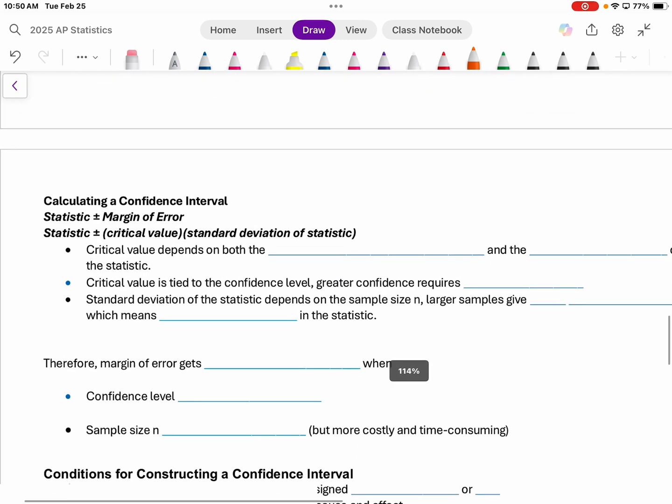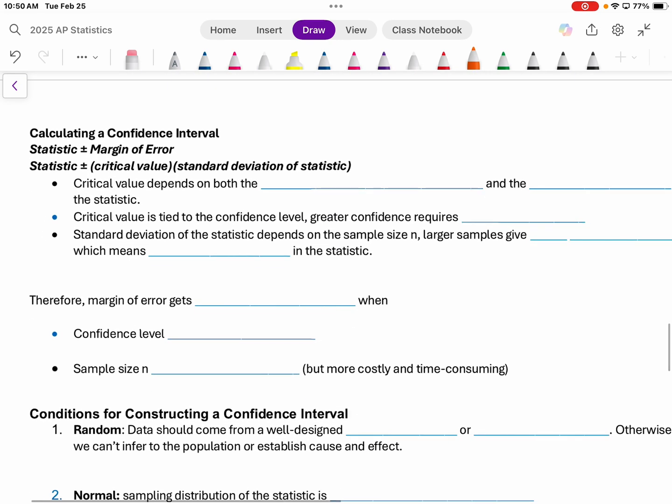So here are some statistics as we go forward. Just to recap, when we're calculating a confidence interval, it's the statistic plus or minus the margin of error. A little more specific, this next one, which I highlighted and underlined in green, is what we see on the AP reference sheet.